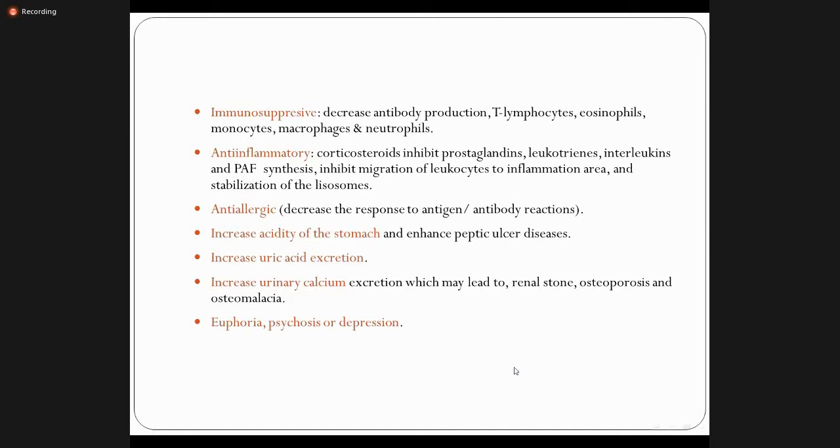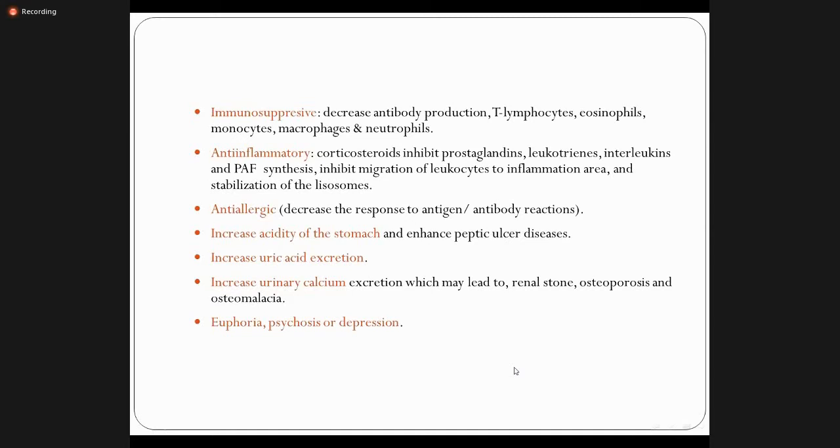So in these conditions, because immune cells are detecting the human body cells as foreign bodies, right? And they are activated against the body's own cells, right? So that is why it is an autoimmune disease, right? So they are going to destroy the structure.